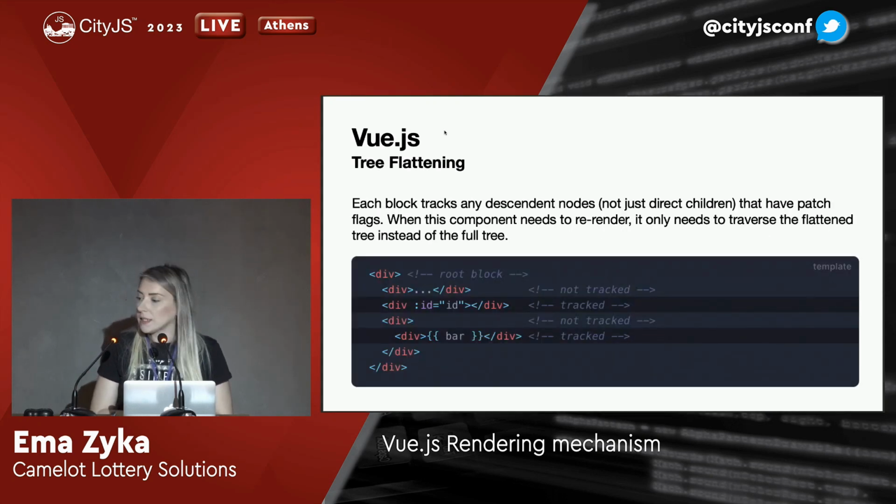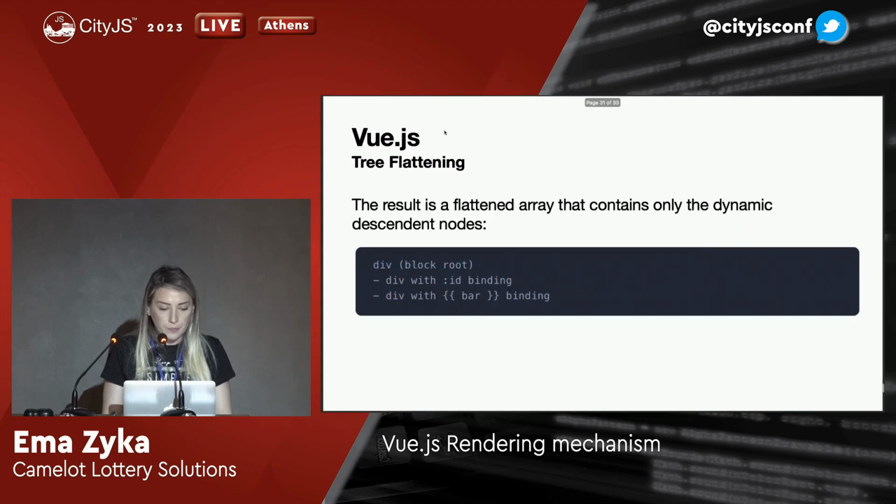For example, in this template, we can see that there are some static elements which are not tracked and some that are. Each block can track the elements and the descendants and child elements. And the tree flattening is something that happens for those that are not needed to be tracked.